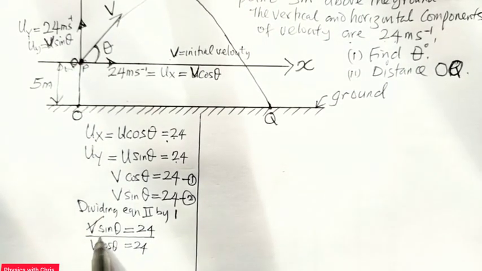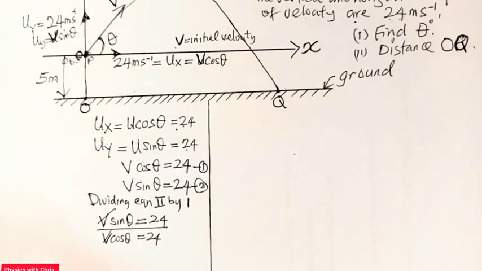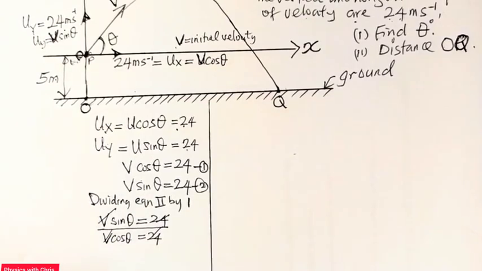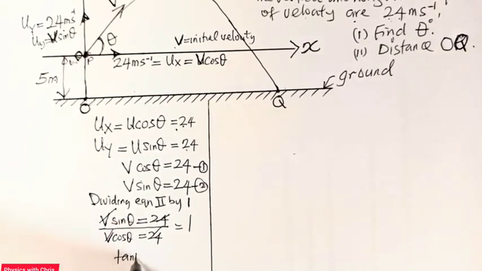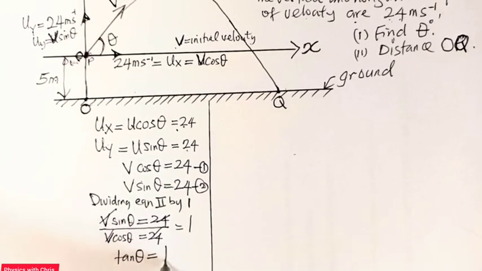So v cancels out v, and 24 cancels out 24. That gives us 1. That means the ratio sine theta over cos theta gives me tan theta equal to 1.